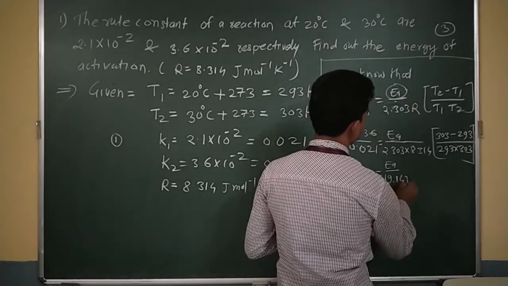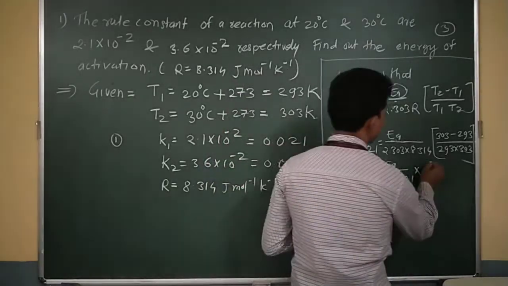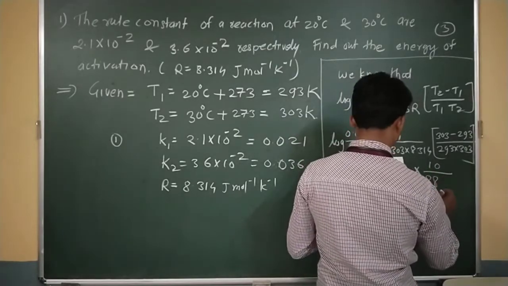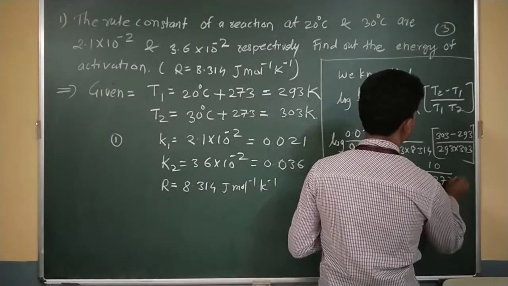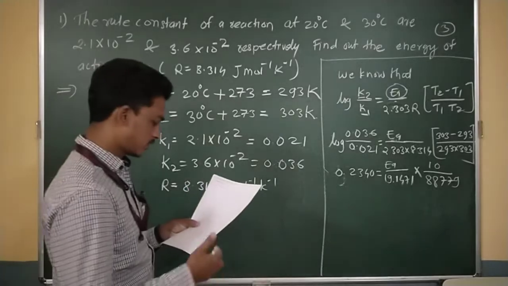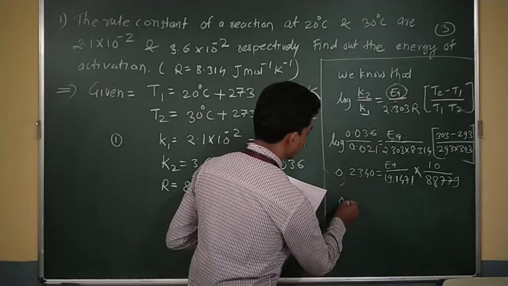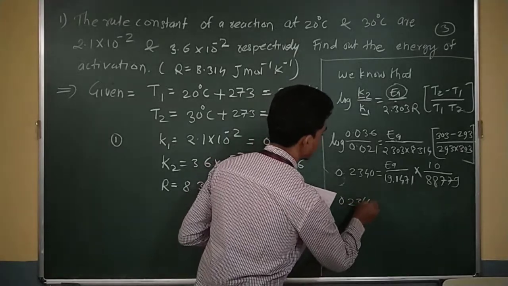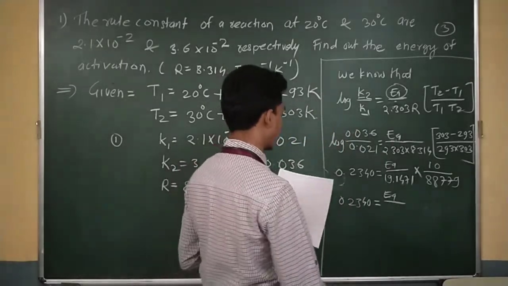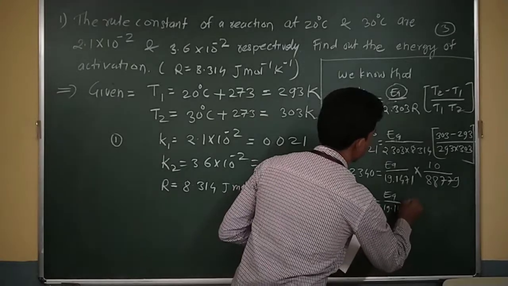19.1471 multiplied by 10 upon 779. Okay, up to this I have solved. So now I want to solve: 0.2340 is equal to EA upon 19.1471 multiplied by 10.